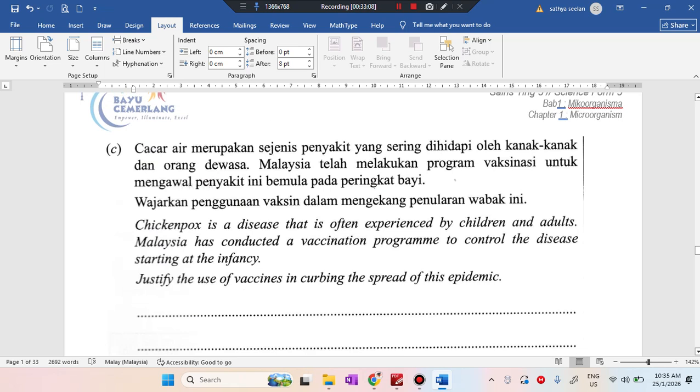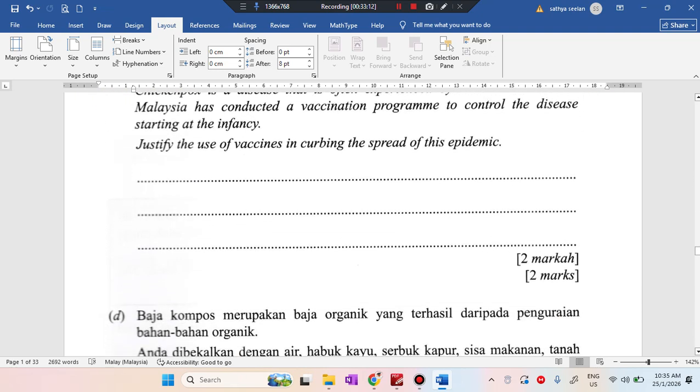What does this vaccine do? Is it bacteria?